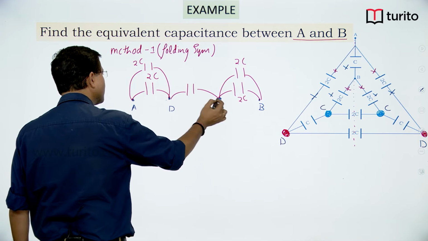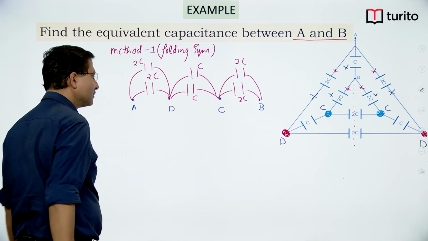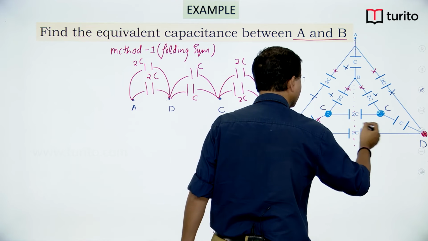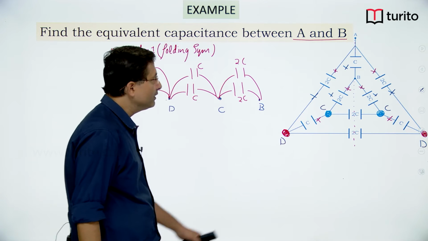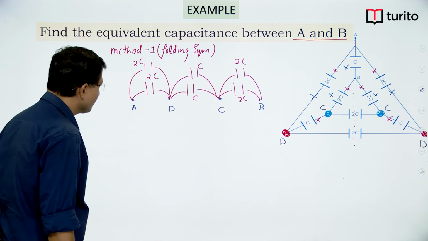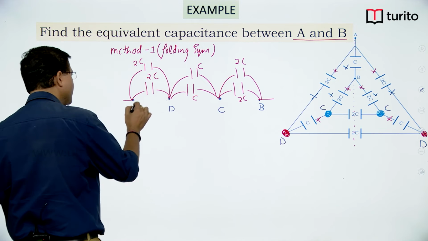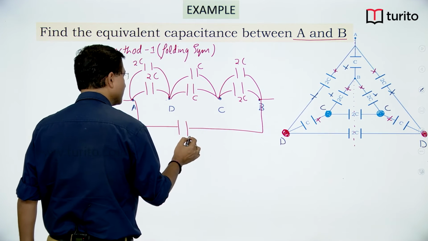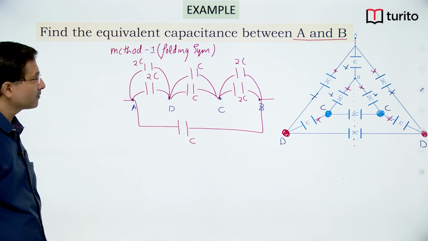So this one, C and C, right. What is left? Between AB we have a single capacitor which is directly connecting A to B, okay. So AB we have a single capacitor C, this one also over.